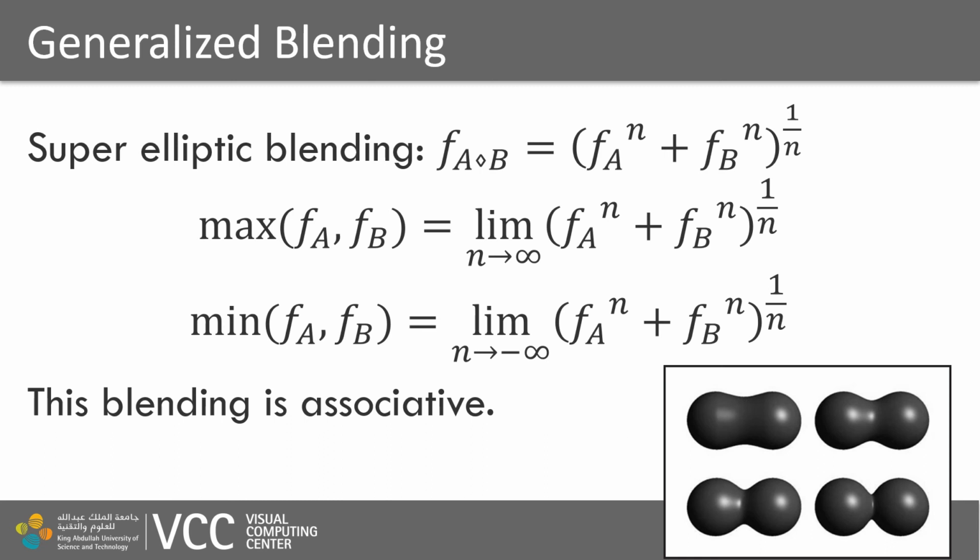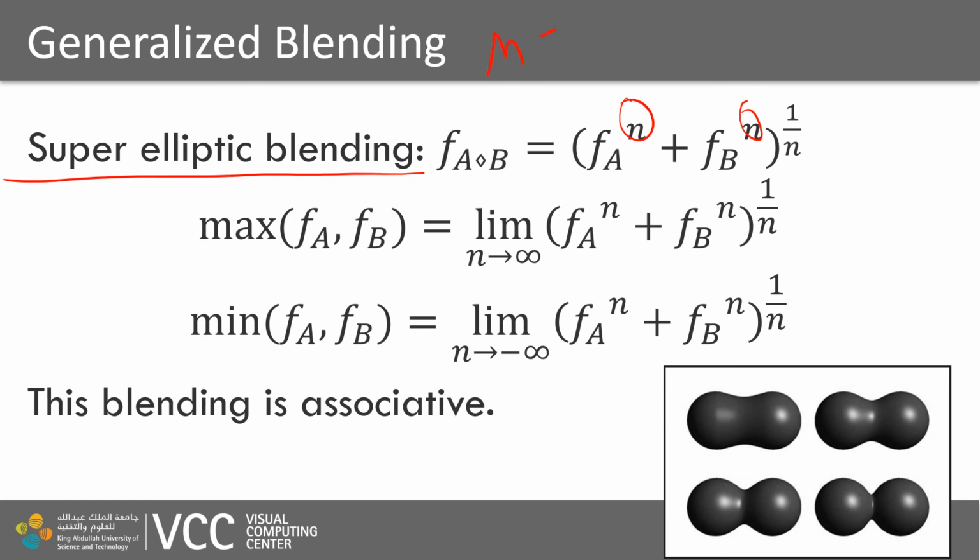So this way we can generate a polygonal model out of our implicit representation and then render it with standard methods. Now, we also have different blending functions if we want to have the compositor, which defines the blend between the two skeletal primitives. This is called a generalized blending, a super elliptic blending, where if the n here is 1, this will be simply a summation.